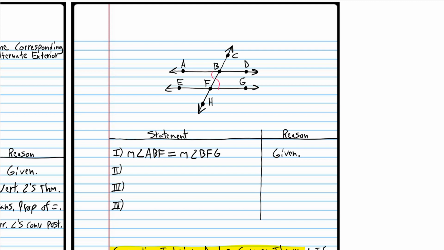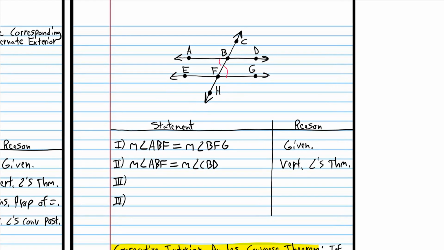All right, we're back. Now we know that the measure of angle ABF is equal to the measure of angle CBD. That's just the vertical angles theorem.